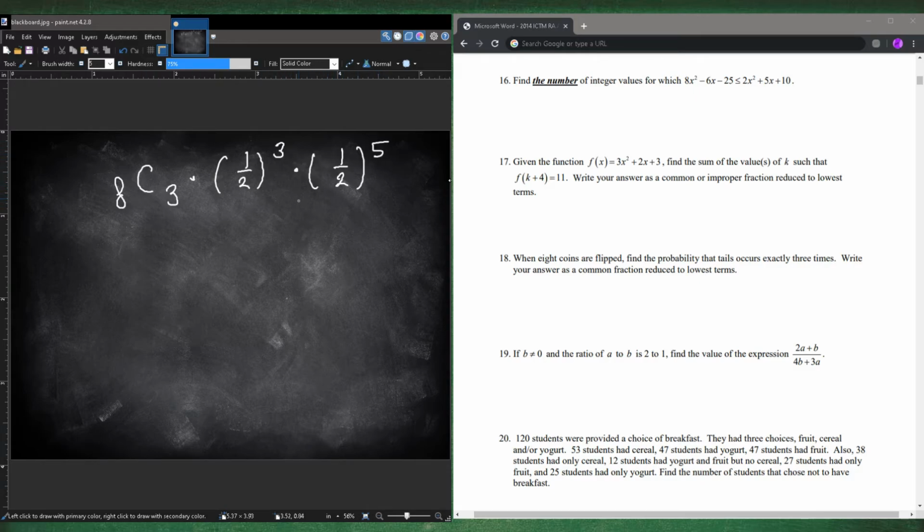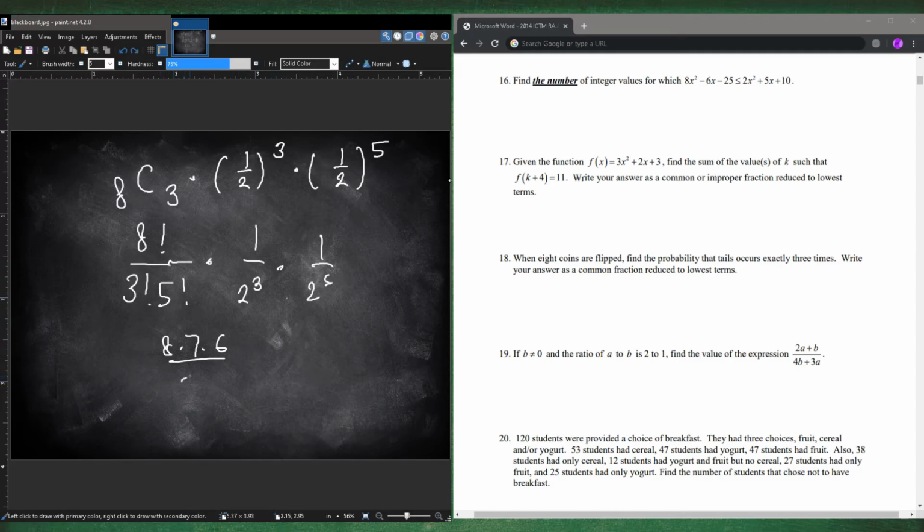That's the total. So using your calculator, you can find out what it is, or you could just do some math. So 8 factorial over 3 factorial, 5 factorial, times 1 over 2 to the power 3, times 1 over 2 to the power 5. So 8 factorial is 8 times 7 times 6, and it cancels out the 5 factorial because it's just 5, 4, 3. So you don't have to write that down.